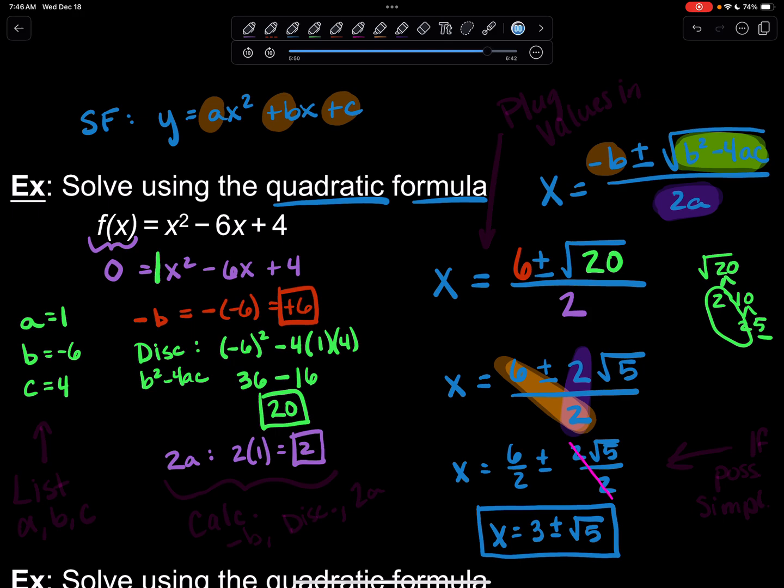So again, when we're solving the quadratic formula, it's important that we keep structure to our work so that we don't skip any steps and we make the simplifying process as easy as possible. So the first thing that you should do is list your A, B, and C values.